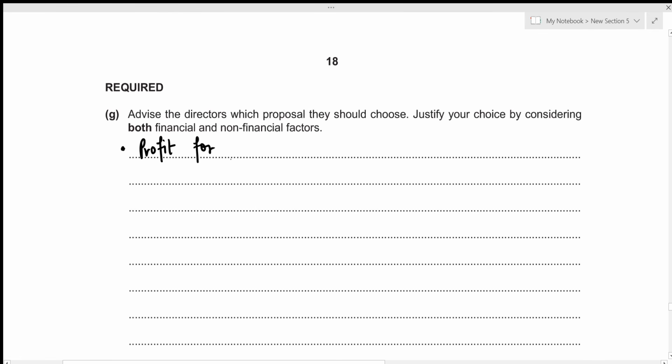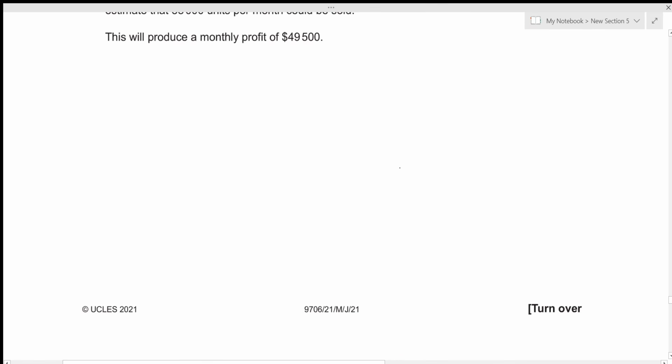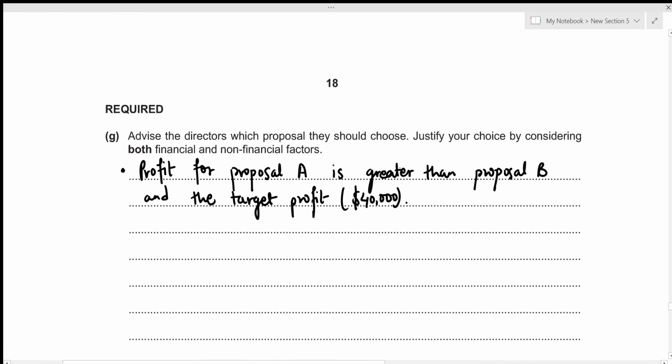So profit for proposal A is greater than proposal B. And the target profit. So target profit we had is 40,000. So proposal A has the profit of 53,650 and proposal B has the profit of 49,500. So definitely in terms of profit, proposal A sounds a better idea than proposal B.